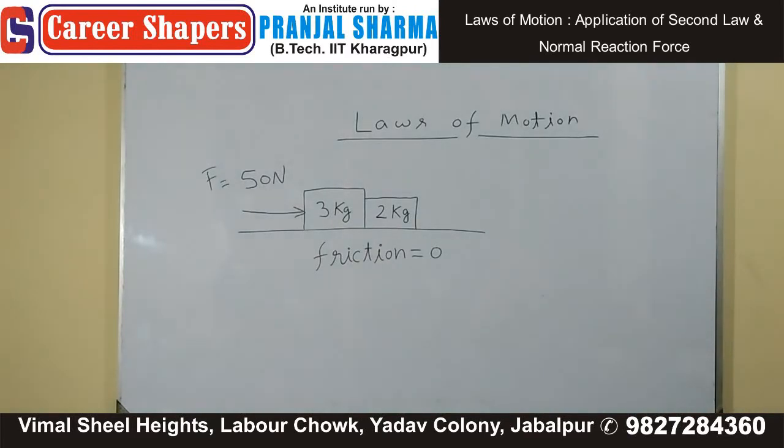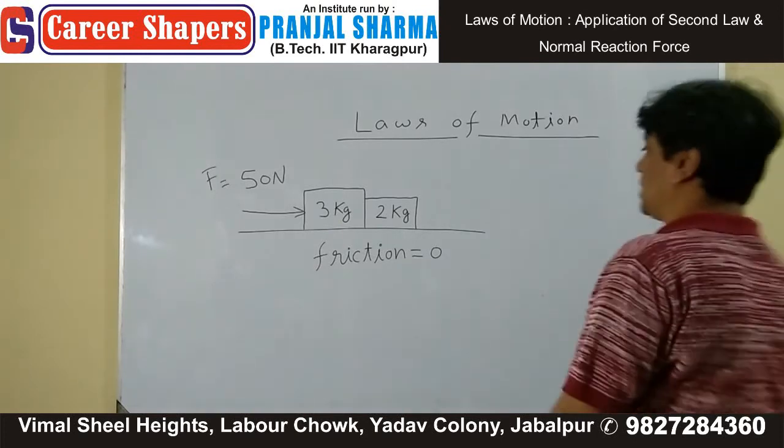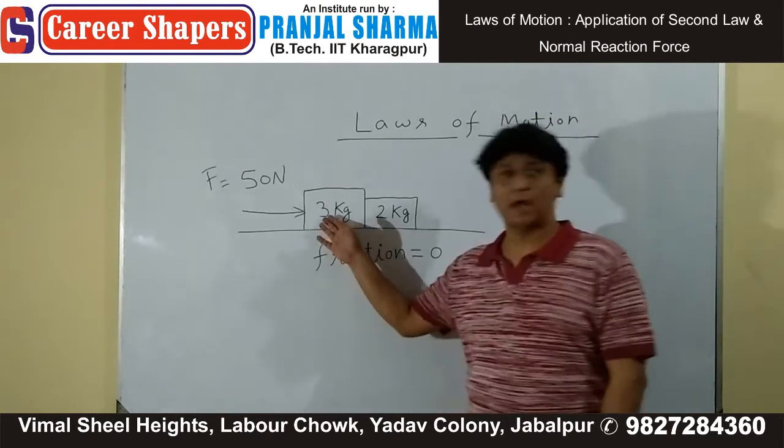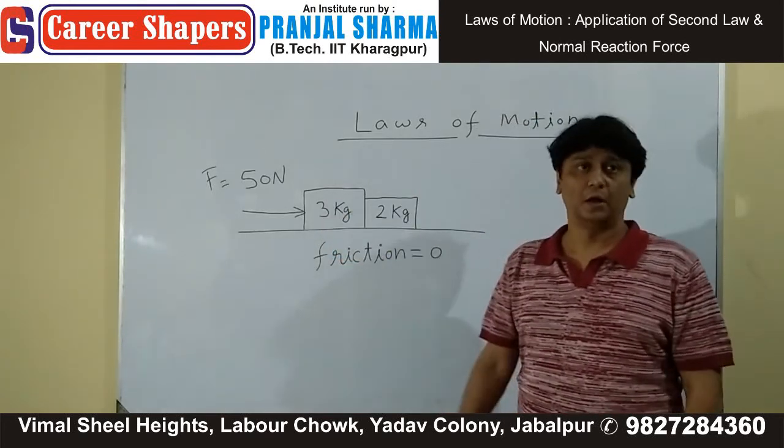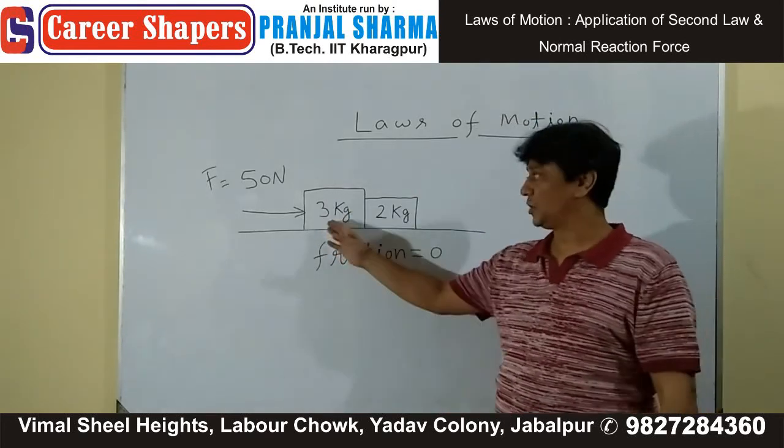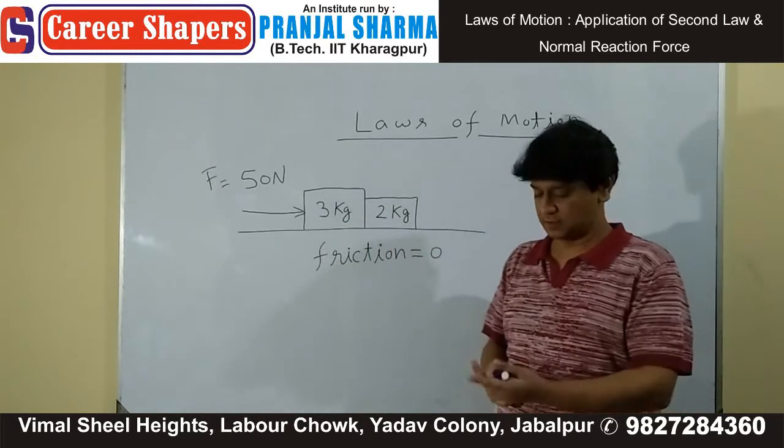Good. कई बार लोगों को लगता है कि भाई 3 kg पर फोर्स लग रहा है तो इसका एक्सेलरेशन ज्यादा होगा, तो वो आंसर क्या देते हैं कि 3 ज्यादा तेजी से मूव करेगा.